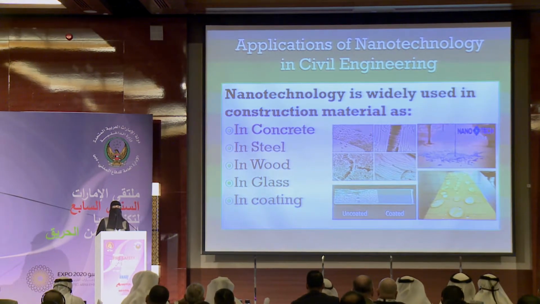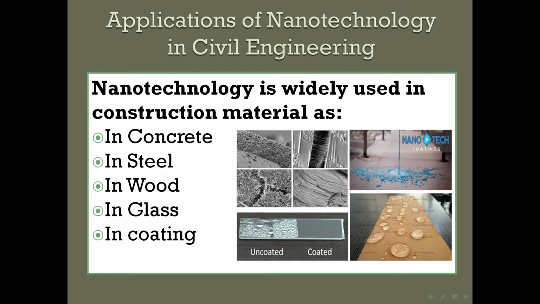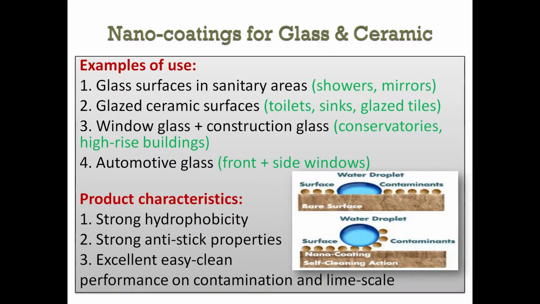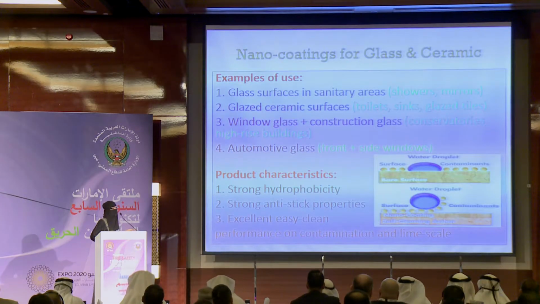Nanotechnology also is being used in making applications in civil engineering and construction, like in concrete, steel, wood, glass, and coating. As one example, nano coatings for glass, wood, and ceramic. Some examples are glass surfaces, glazed ceramic surfaces, window glass, building glasses, and car glasses as well.